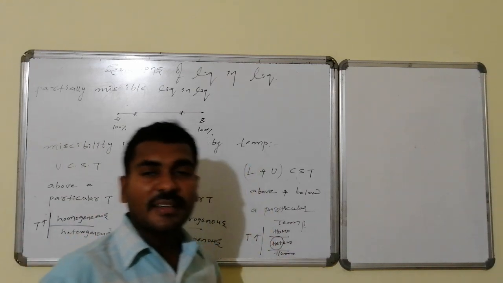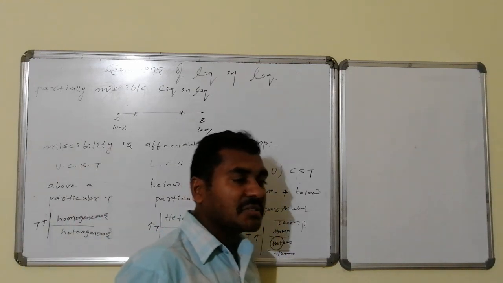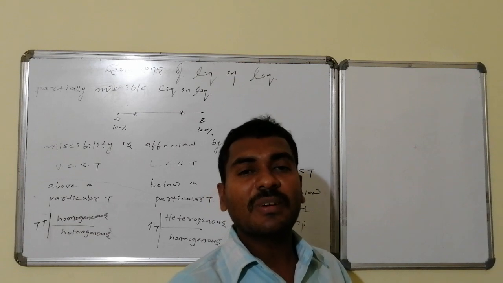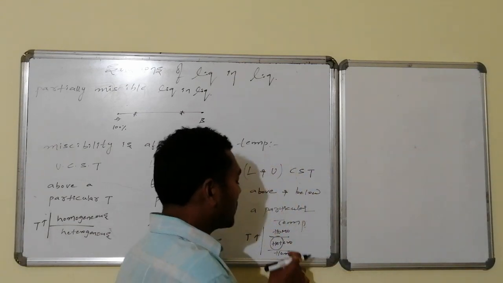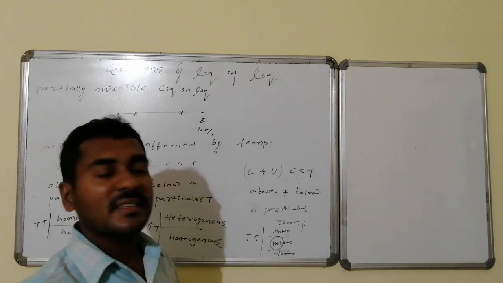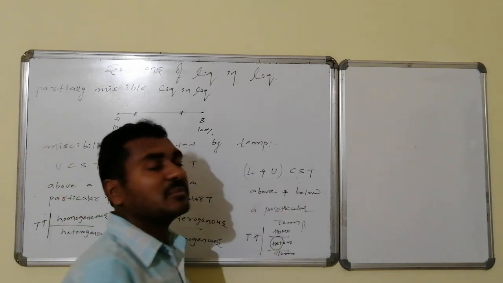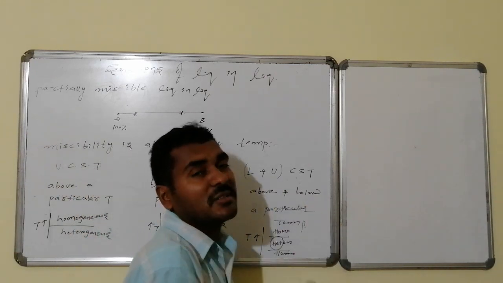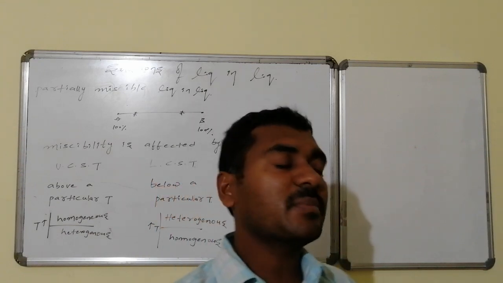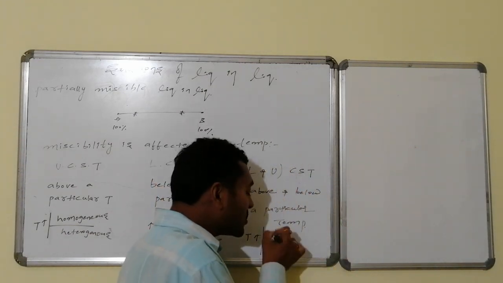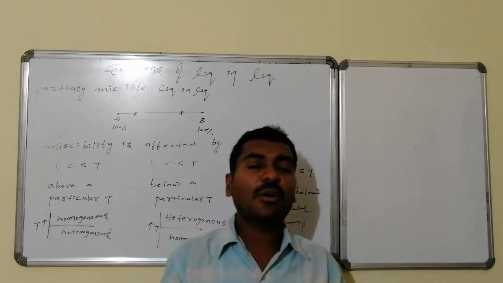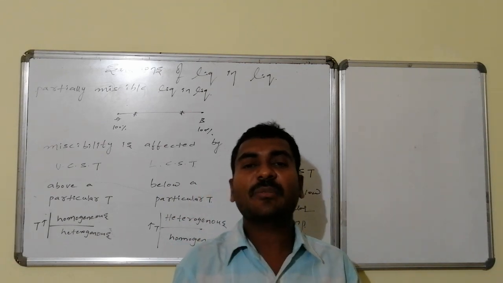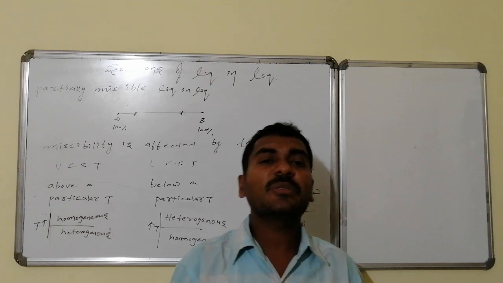There is a special case which is associated with both lower CST as well as upper CST. Below a particular temperature it behaves as a homogeneous mixture, and at the same time above another particular temperature it also behaves as a homogeneous mixture, but in between those two temperatures it behaves as two different liquid layers that are separated, showing heterogeneous behavior.